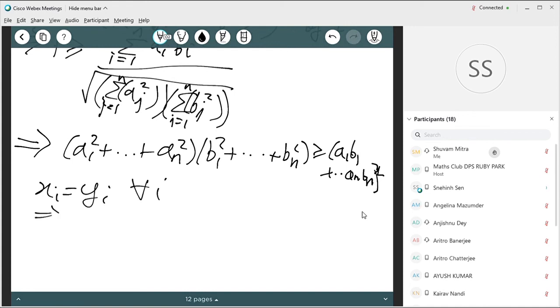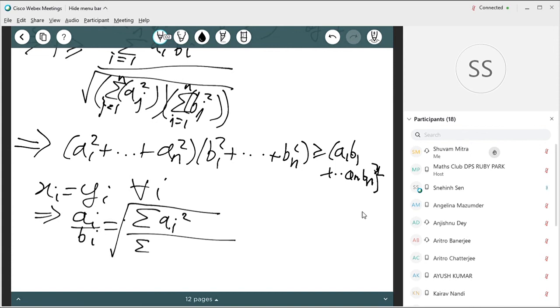But that would imply ai by bi is equal to the root of the sum of ai squares by the sum of, I'll again use a different index, j squares. This root is independent of i. Hence, again, this is a constant quantity over here.